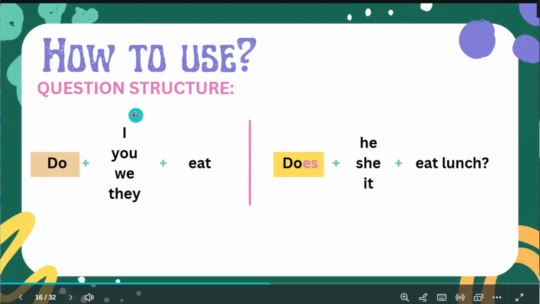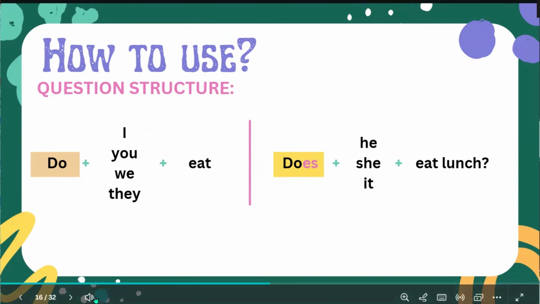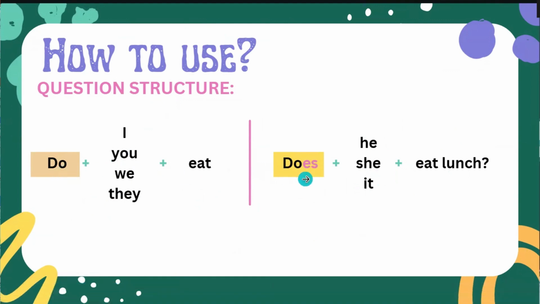So for question structure, the same thing. So we have do I eat lunch? Do you eat lunch? Do we eat lunch? Do they eat lunch? So for question, singular subject, we say does he eat lunch? Does she eat lunch? Does it eat lunch? Okay, so mapapansin nyo, dito lang tayo mag-focus sa do and does.